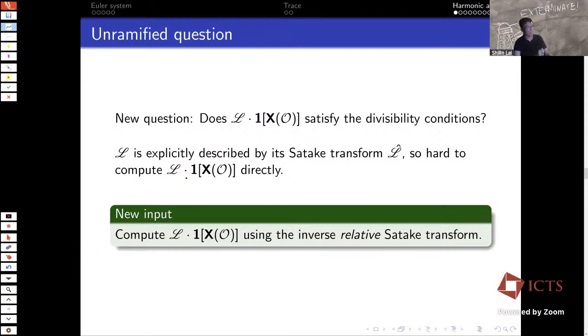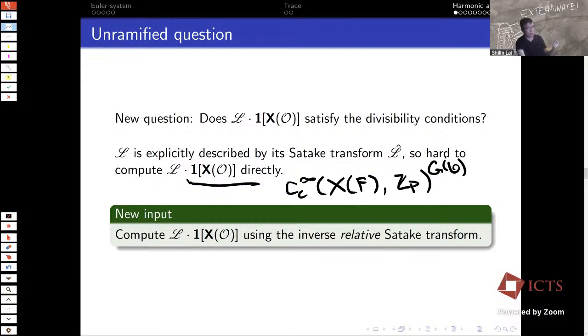Remember, all of this is taking place in C_c infinity, smooth compactly supported functions on X of F, let's say Z_p, but Z_p doesn't really matter that much. And it's G of O invariant. So everything is taking place in this space of functions, which can be described concretely.